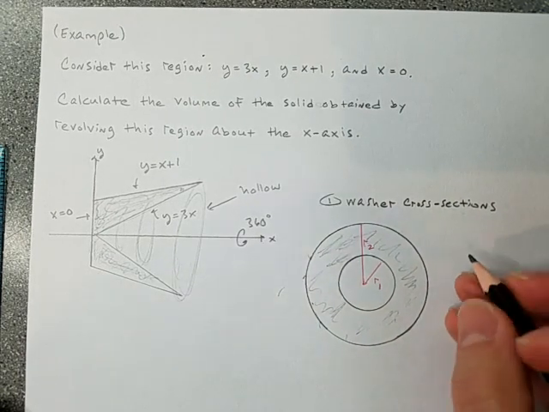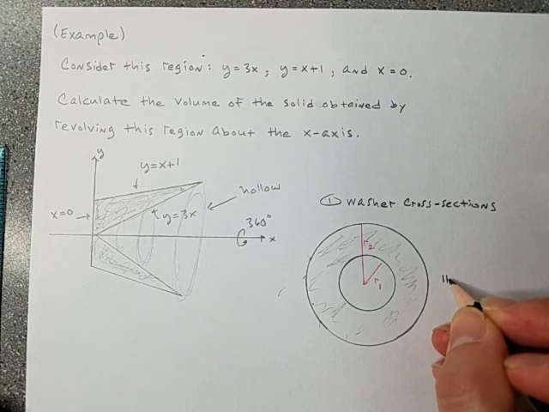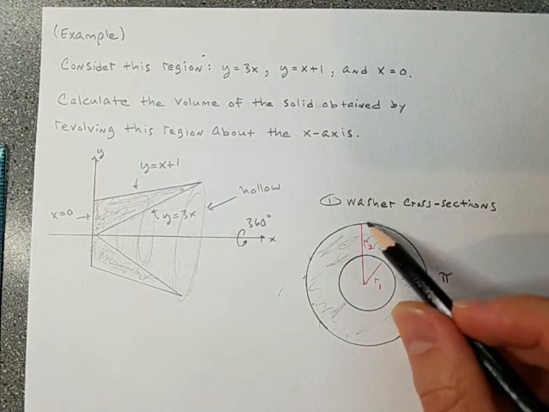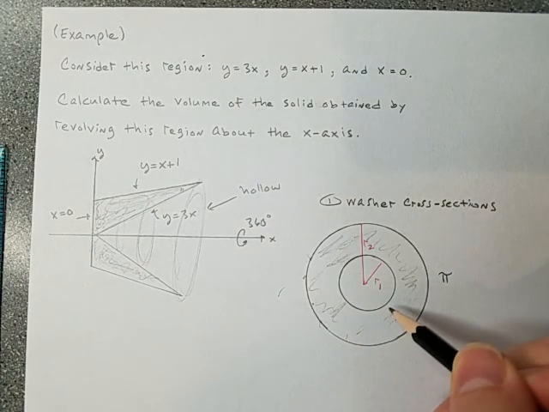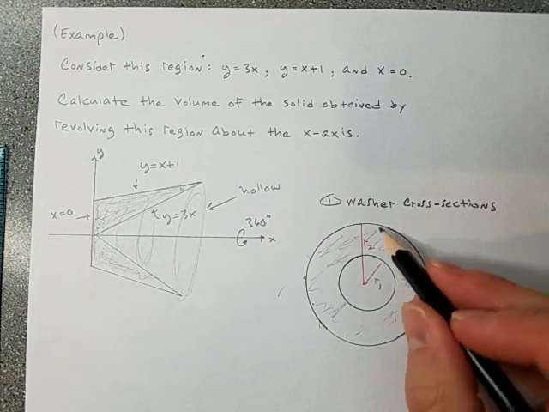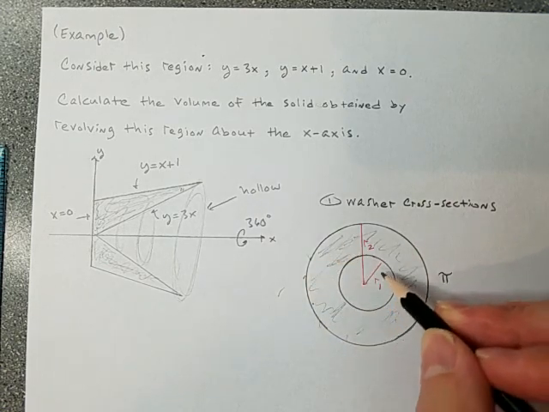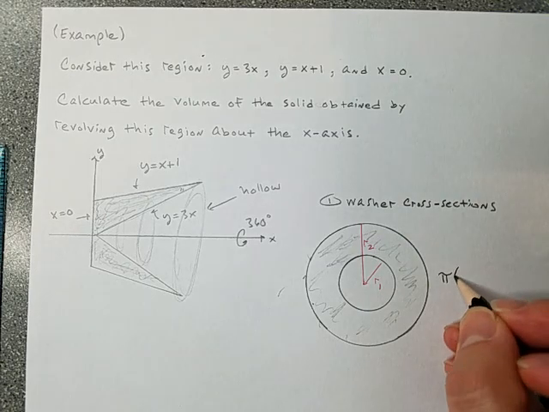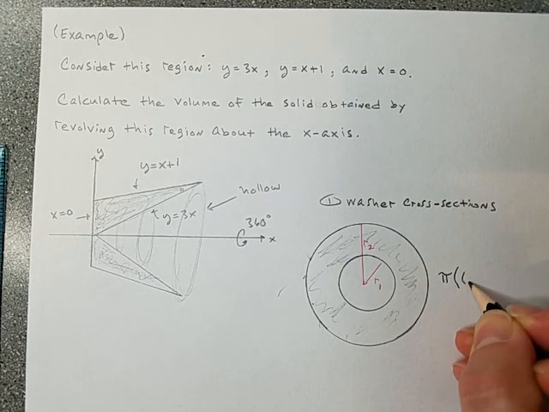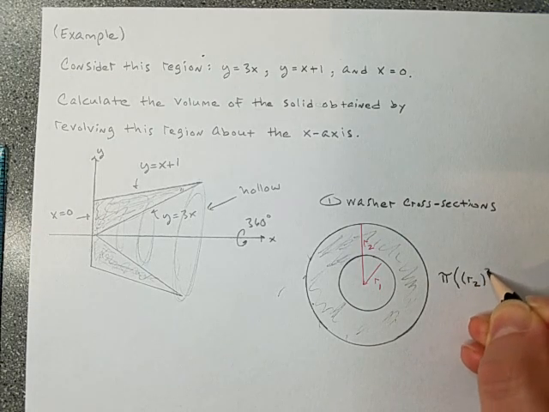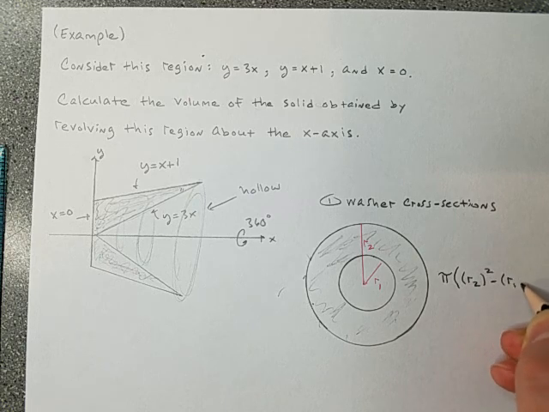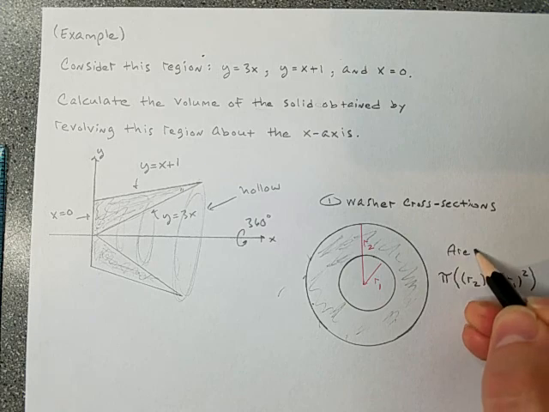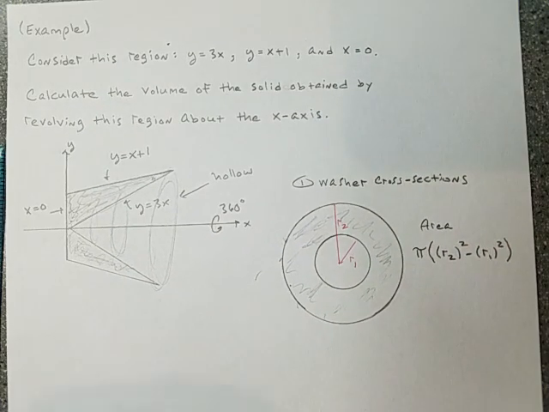And because it's just one circle minus another circle, it's going to be the area of the larger circle minus the area of the smaller circle. And that will amount to pi times R2 squared minus R1 squared. So that's what a washer is, and that's how we find the area of it.